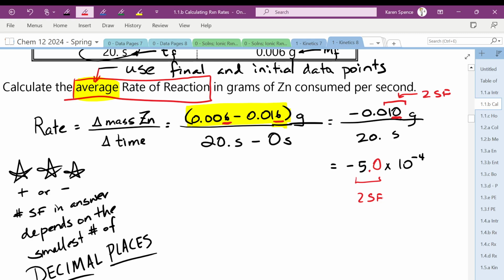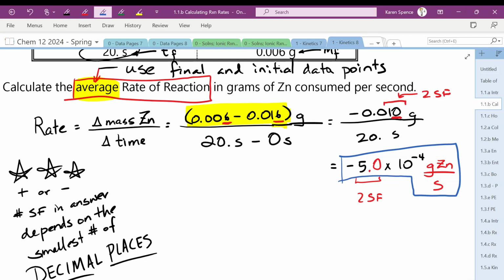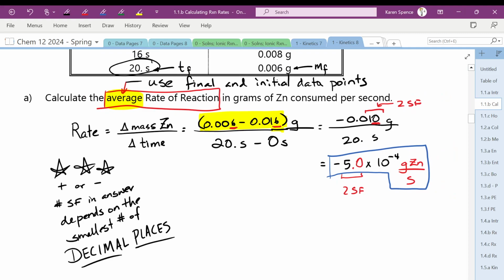And then I need to have units: grams of zinc per second. And to be kind, I would probably box my final answer. So that's part A.